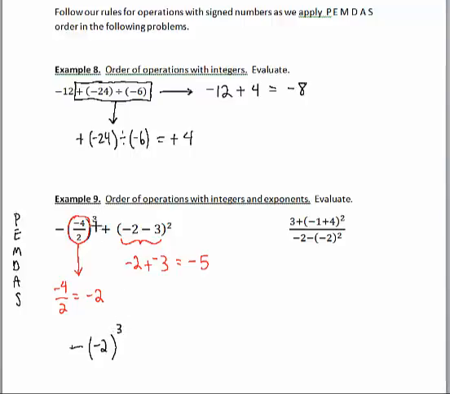I didn't apply this exponent, so I want to bring it to the next step. I've calculated the inside of this set of parentheses, and I got a negative 5. And I didn't apply that exponent, so I need to bring it along with the negative 5.